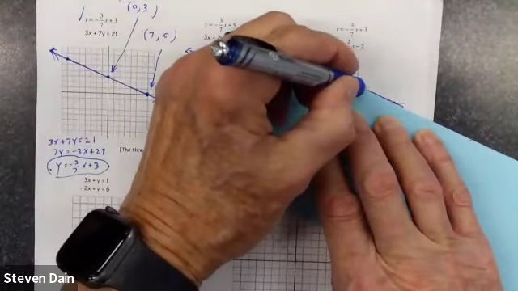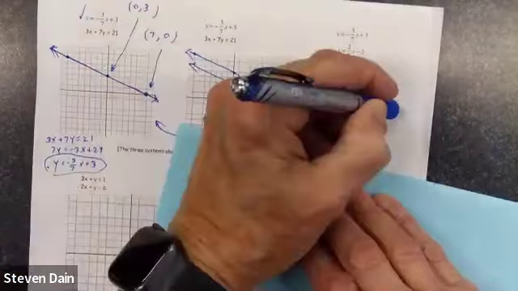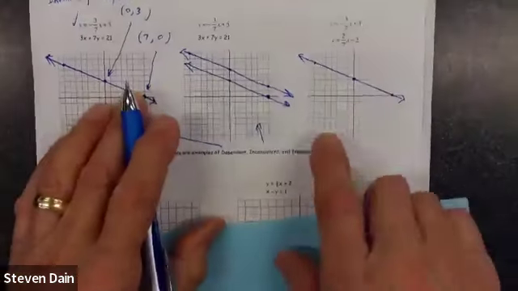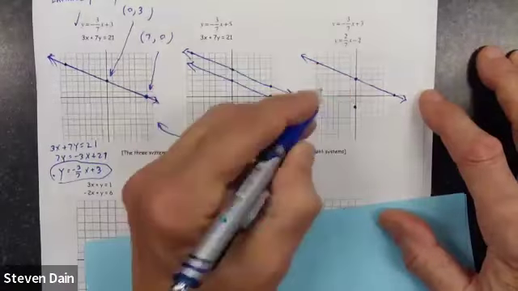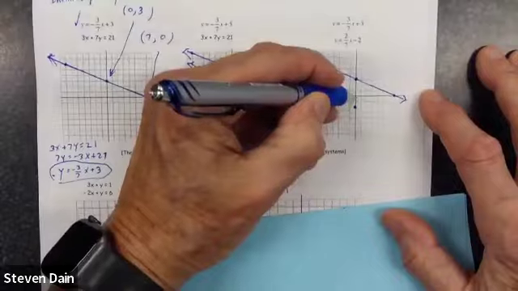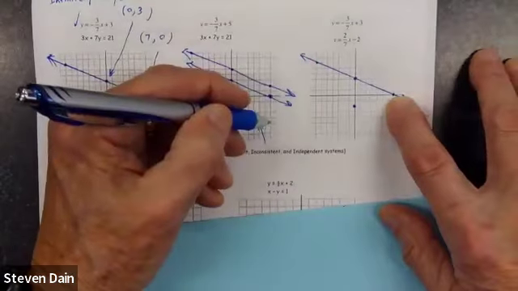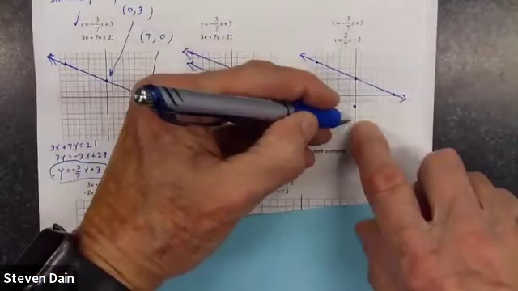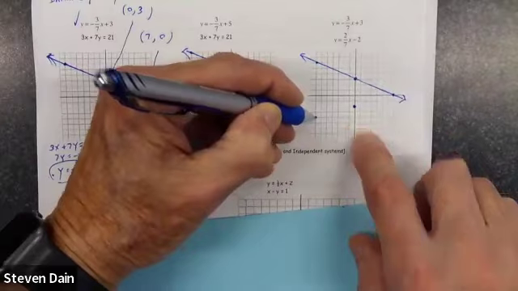Okay. How do we graph the bottom equation? The y-intercept is -2, and the slope is +2/7, so I go up 2 and over 7, and I land right there. I could also go down 2 and to the left 7, and that would put me right there.